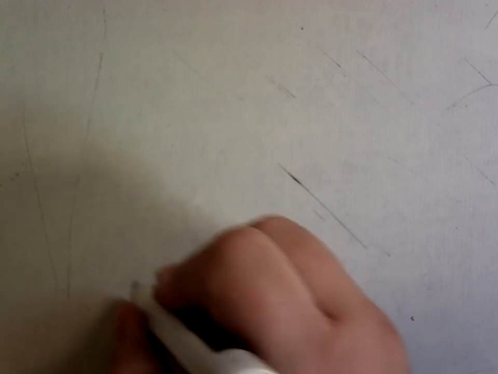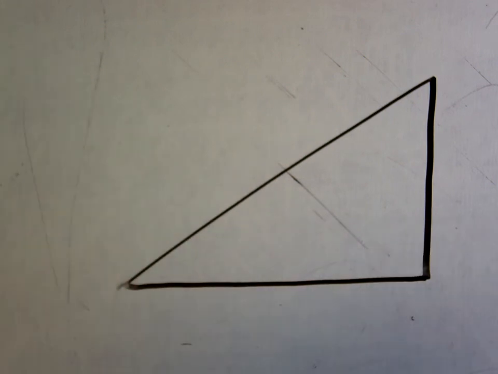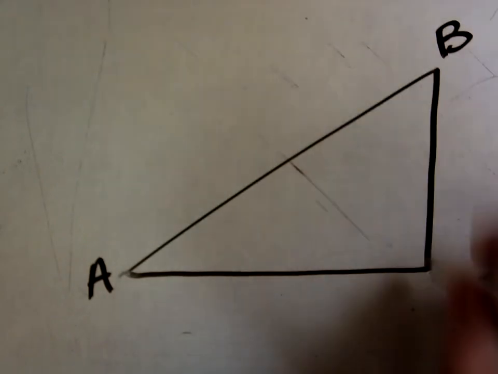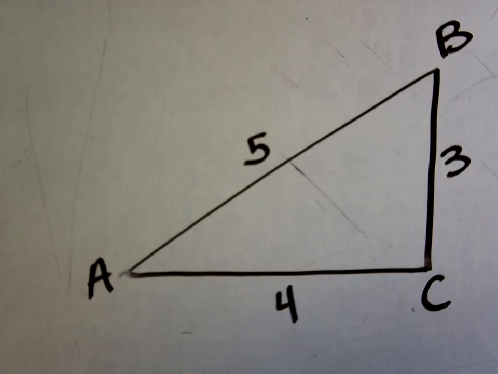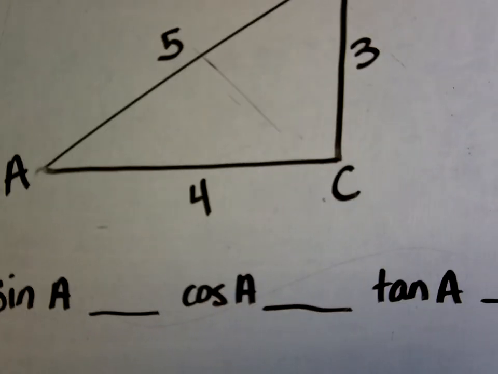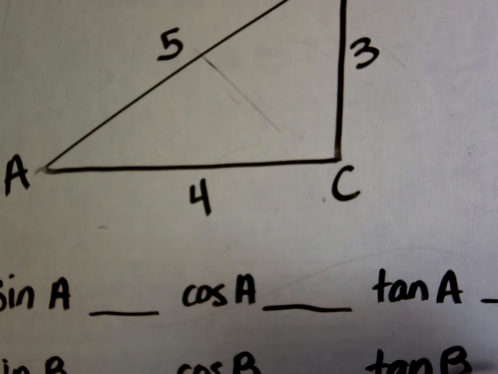For instance, what if you saw a triangle and it said, here is triangle ABC, and all 3 sides are given, and you are supposed to find the sine of A, the cosine of A, and the tangent of A, and then you're supposed to find the sine of B, the cosine of B, and the tangent of B. Okay?